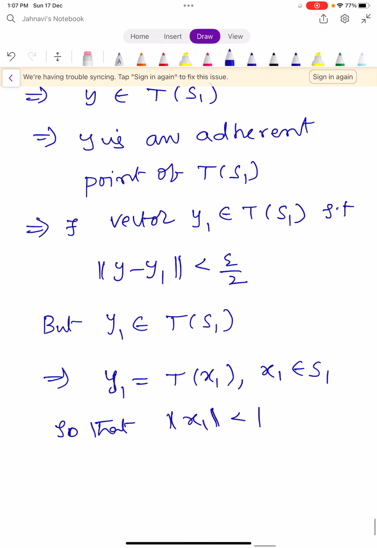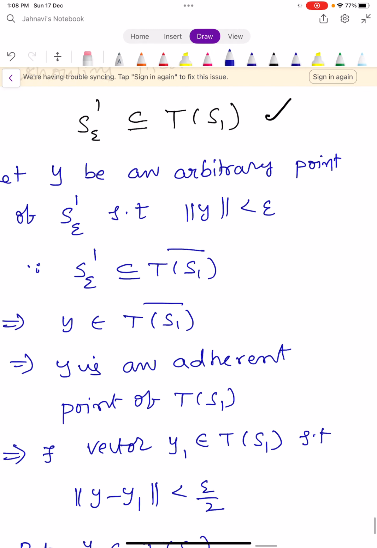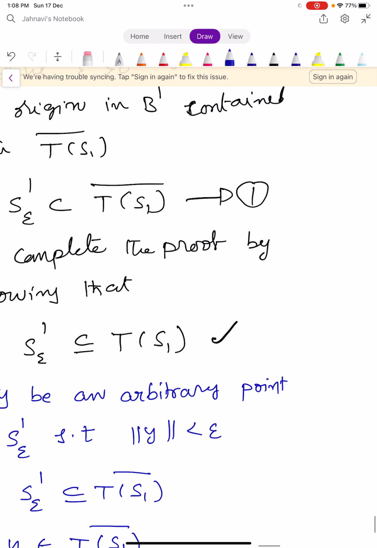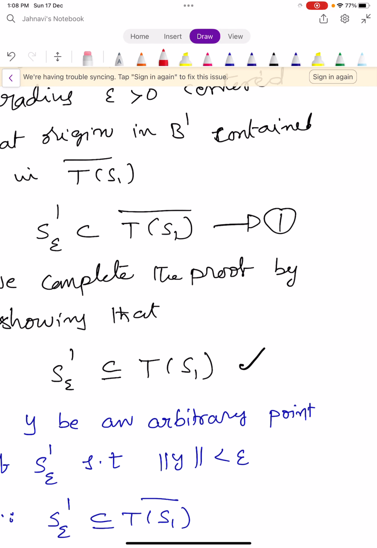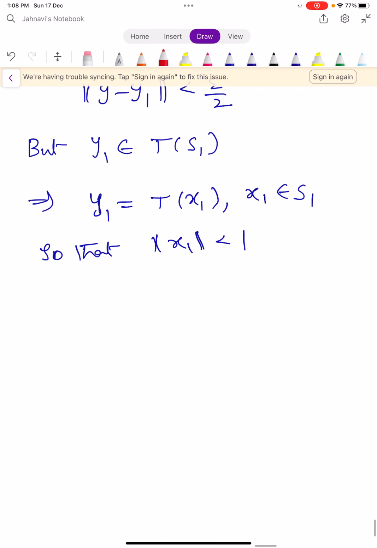Again we observe from equation number 6. I did not write equation number 6, actually this is not equation 1, I'm very sorry. This is equation number 6: S epsilon dash is a subset of T of S1 bar. Again from equation number 6, we observe that S epsilon by 2 dash is a subset of T of S1 by 2 bar.